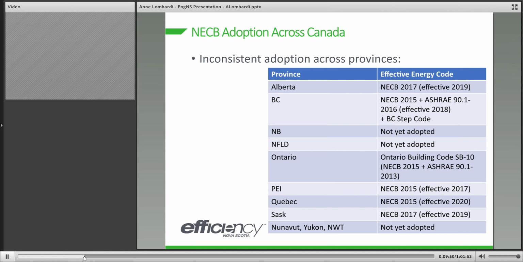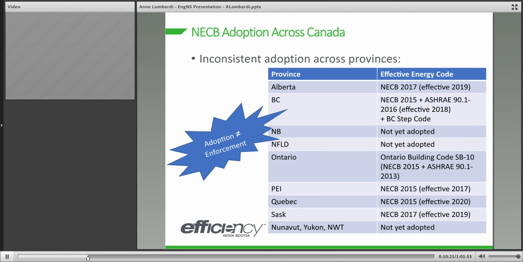And so you'll see Alberta and Saskatchewan are along with Nova Scotia with having 2017 effective, but other provinces some of them are using 2015, and then BC and Ontario each have their own energy codes that they've developed themselves that are slightly based on NECB, but also some ASHRAE content and also some of their own content. So there's not necessarily consistent practice across provinces.